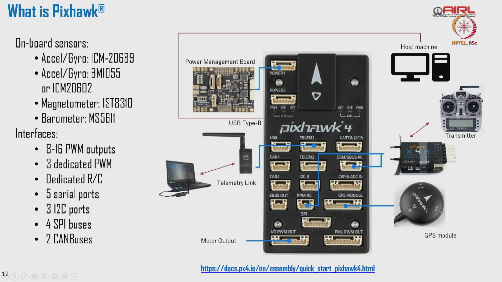There is one USB for the telemetry link. Through the telemetry link, I can transfer the data, the states of the system, in real time to my ground control system, right? I can connect the transmitter basically, with a human taking direct control.